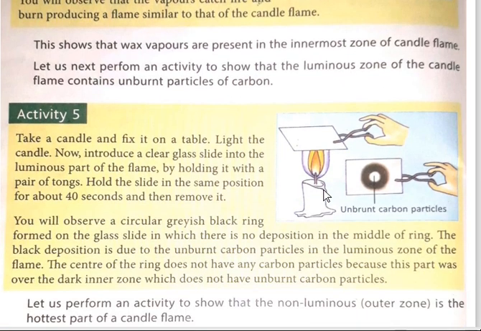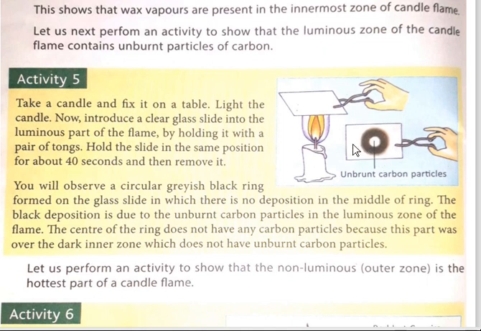Second, as shown in this picture, one candle is taken. We burn the candle and put a glass slide on the flame, keeping it in the middle of the flame, that is, in the middle zone, and we find a black ring.